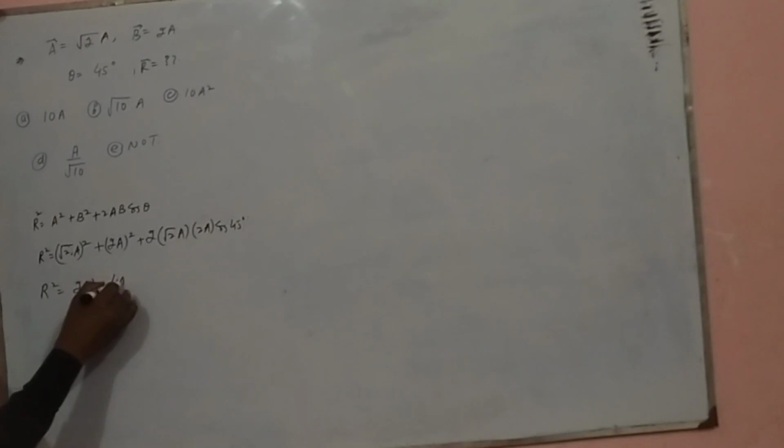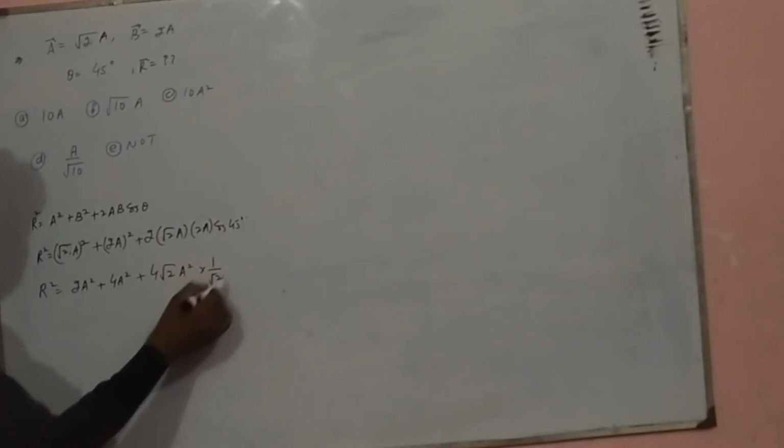So the resultant square equals 2a square plus 4a square plus 4 under root 2a square. Cos 45 is what? 1 over under radical 2. The under radical 2 gets cancelled.